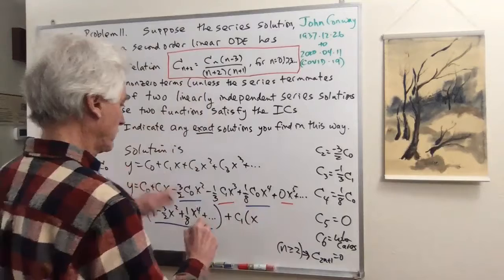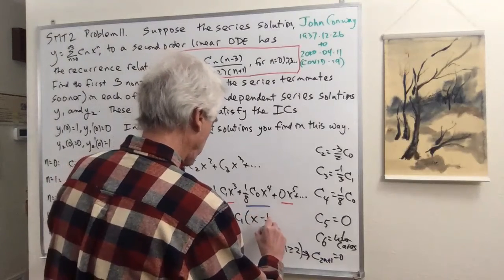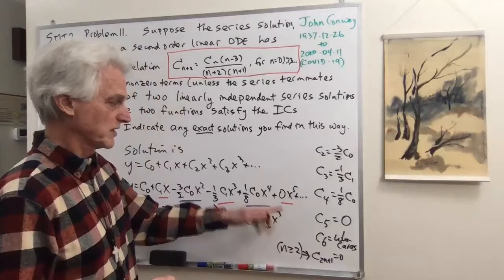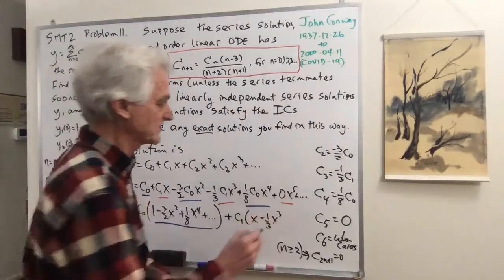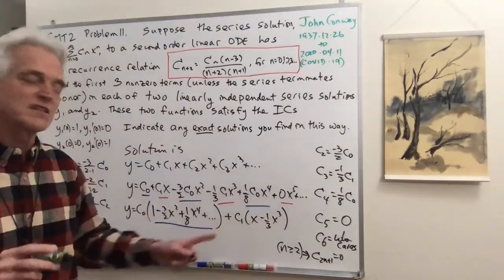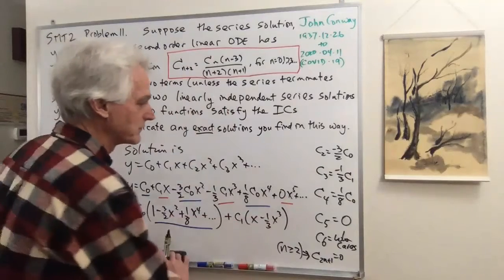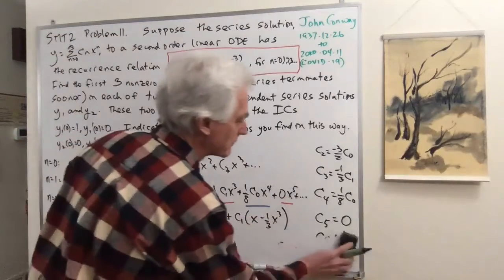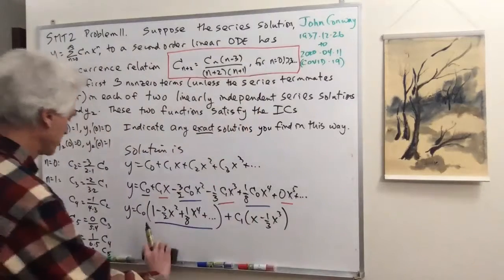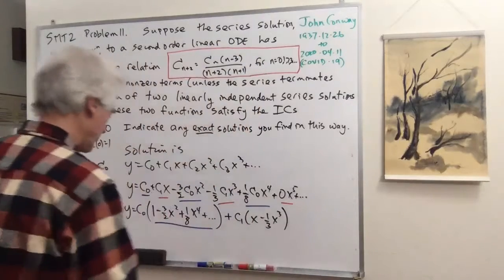X, I took care of that term, minus 1/3 x cubed, plus 0 times x fifth, plus 0 times x7, plus 0 times x8. In other words, I'm just done. That's it. That is a solution. That's an exact solution right there. So that's the underlined in red solution.